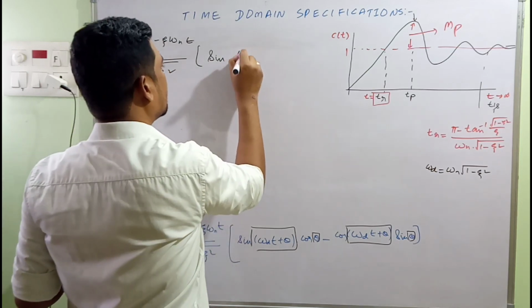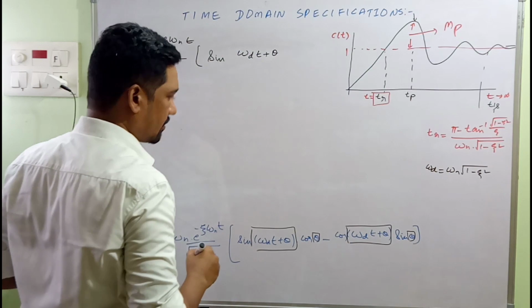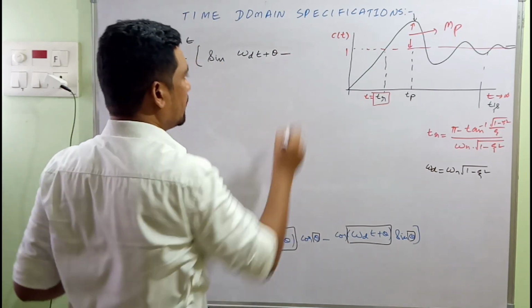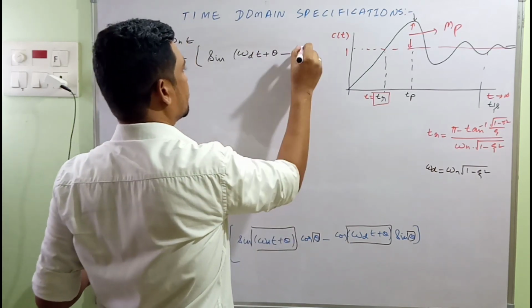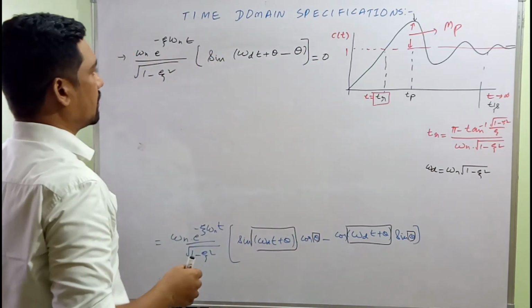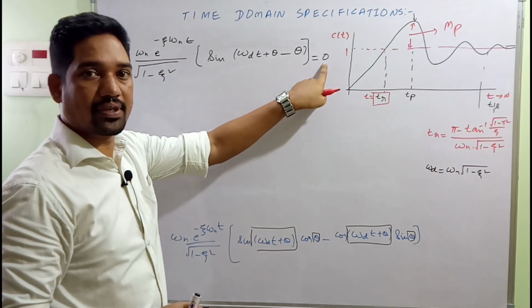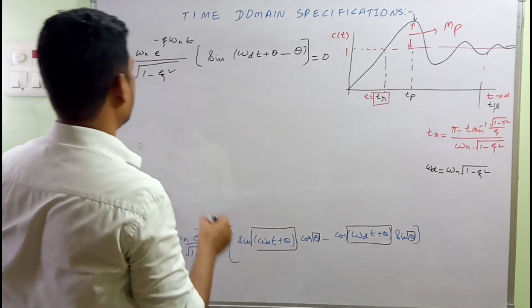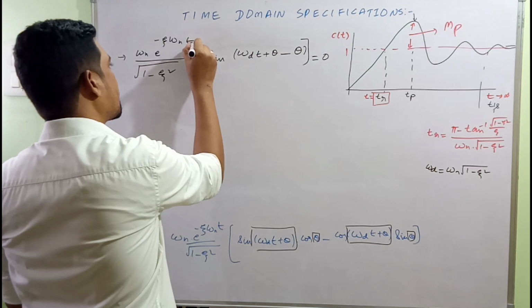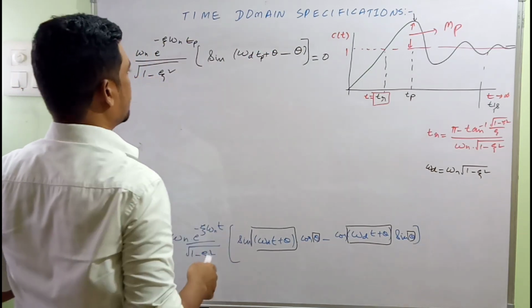It's omega d t plus theta, and B is theta. This is the transition, which is equal to 0, and the first derivative when subjected equal to 0 will give us the peak time, and this t is Tp.